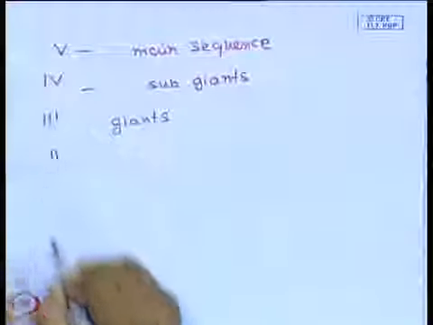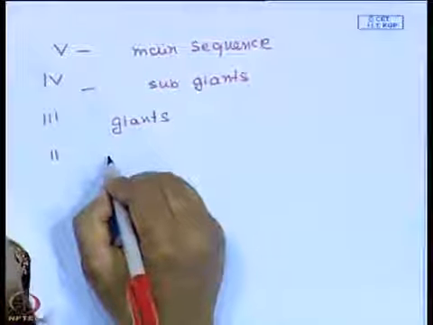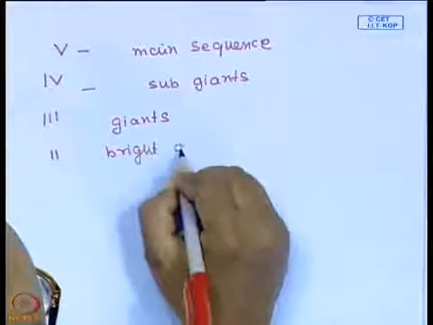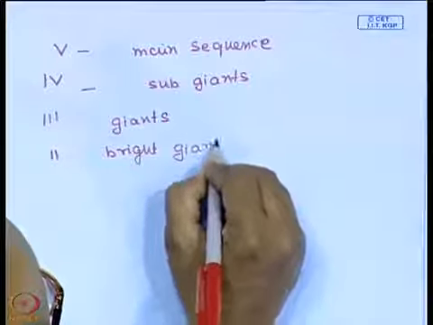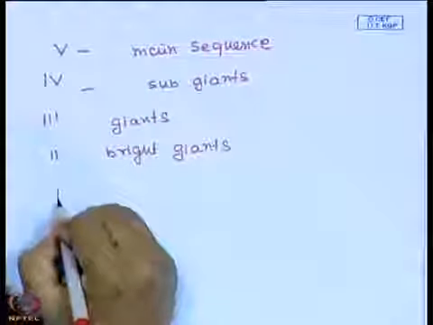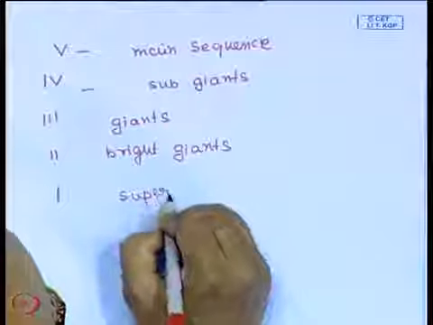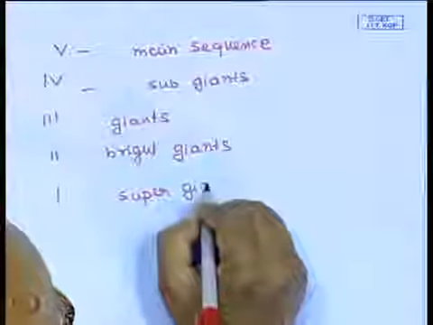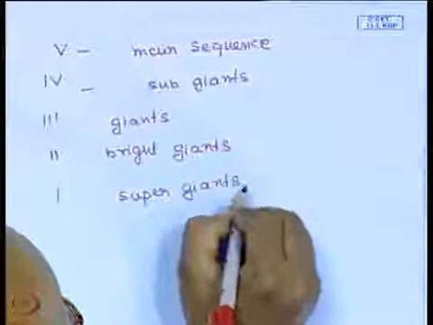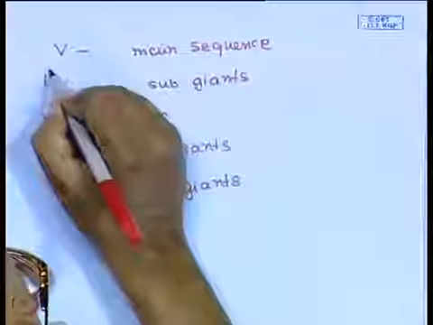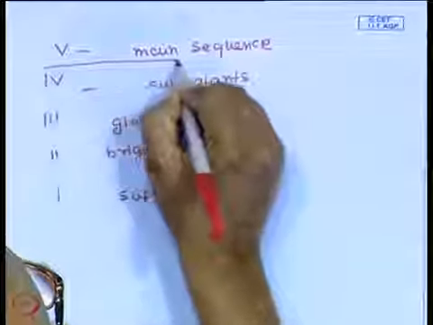Class 2, these are the bright giants. And 1, these are the supergiants. So, the main sequence are the ones which burn hydrogen.